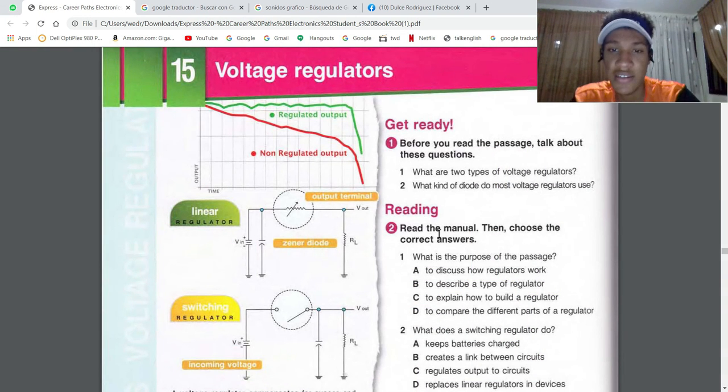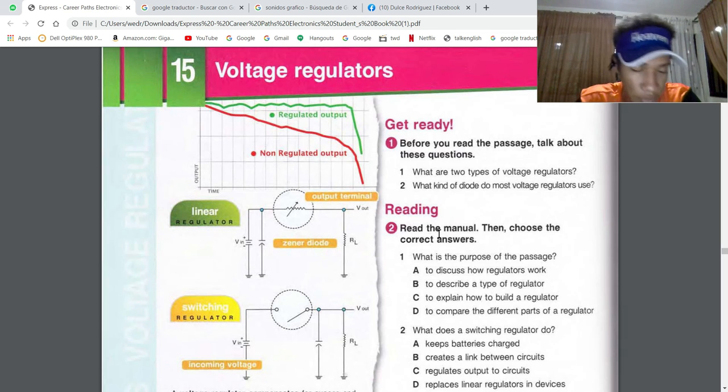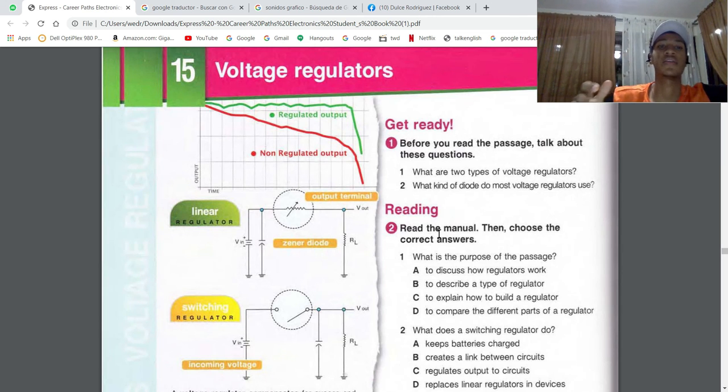When you have 9 volts and you need 5, you need a voltage regulator, because the 9 volts can change between 8 and 9, but you need 5 at the output.